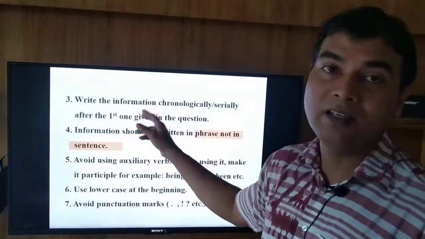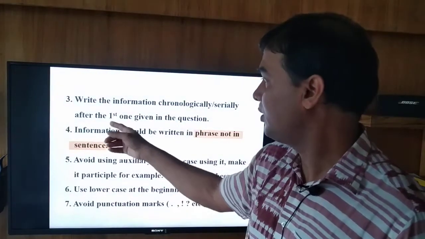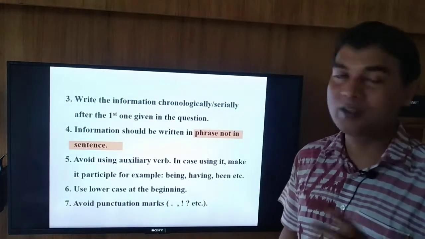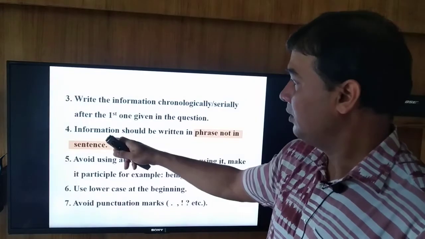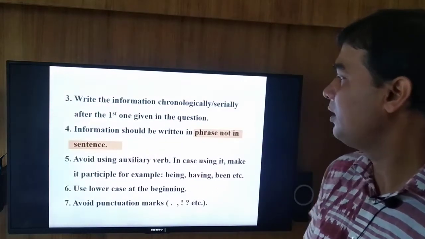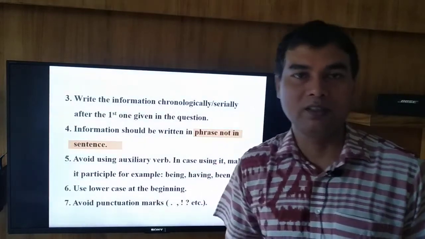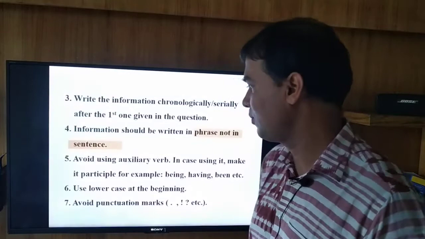Next, write the information chronologically or serially after the first one given in the box or given in the question. Okay. Then information should be written in phrase, not in sentence. This is very important. You should write the information in phrase, not in a sentence.